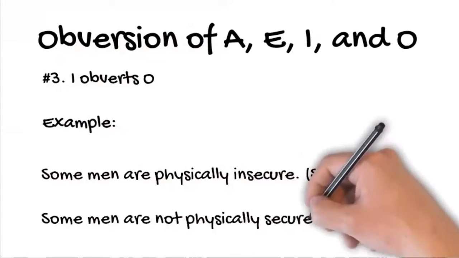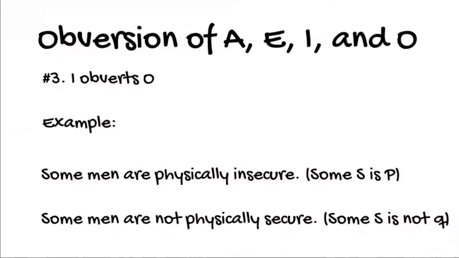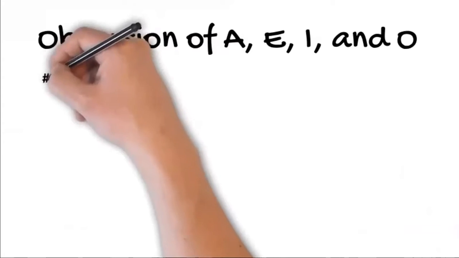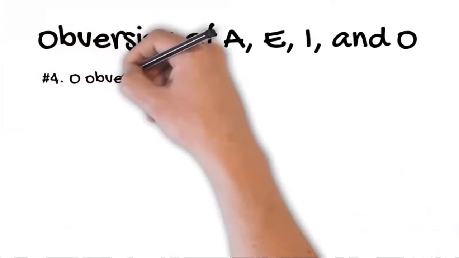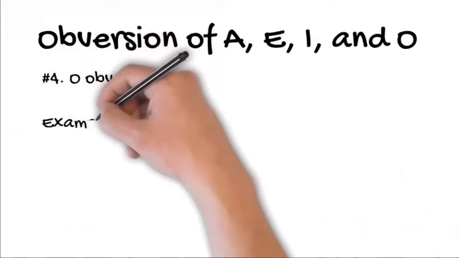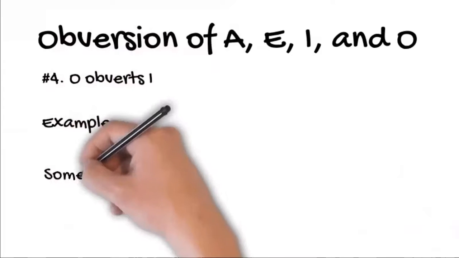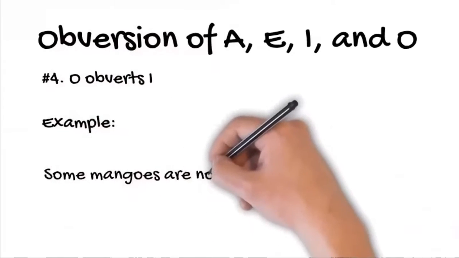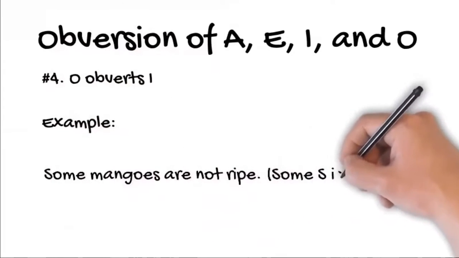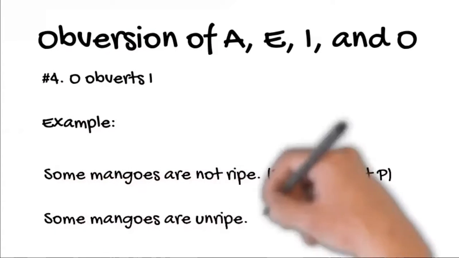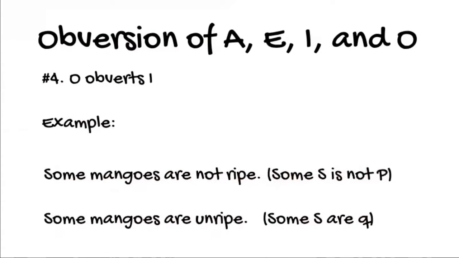Our obverse is some men are not physically secure. The O proposition oberts to I. For example, some mangoes are not ripe. The obverse is some mangoes are ripe.